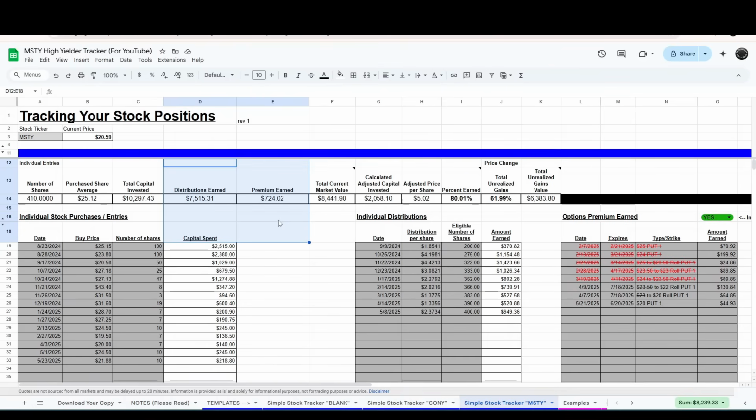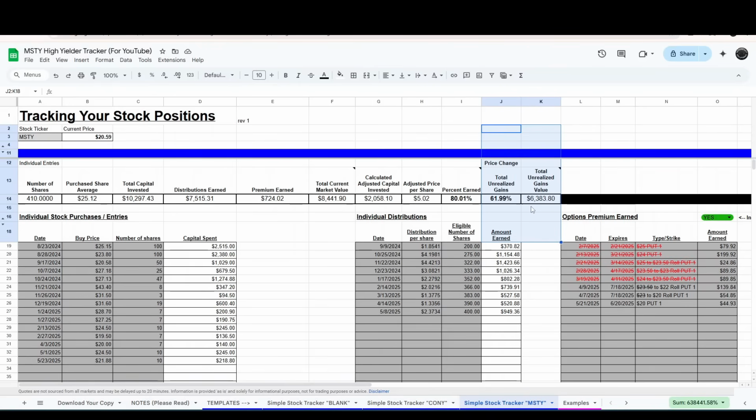But what if I were to sell all 410 shares at the current price of $20.59 here? What amount would I actually earn, or would I be at a loss? That is what these last two cells show you here.